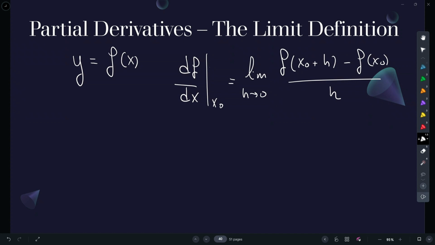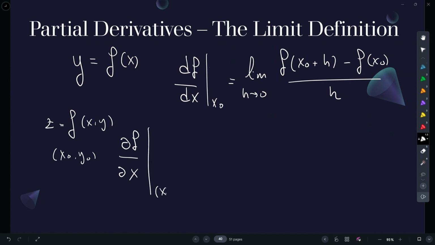So now if I have a function of two variables and I want to know what is happening at x naught, y naught, I'm going to have several possibilities. But for example, what is the derivative? We're actually going to call it, because it's a partial derivative, the symbol is a little bit different, with respect to x at x naught, y naught. We'll have several notations for this, and I'll talk about that next time. I'm going to do the same thing.